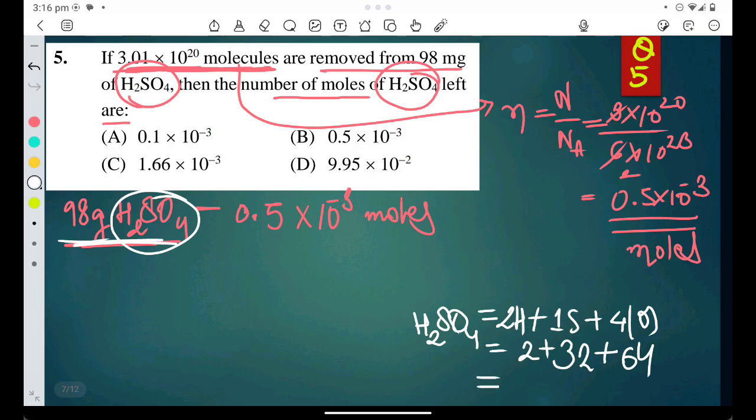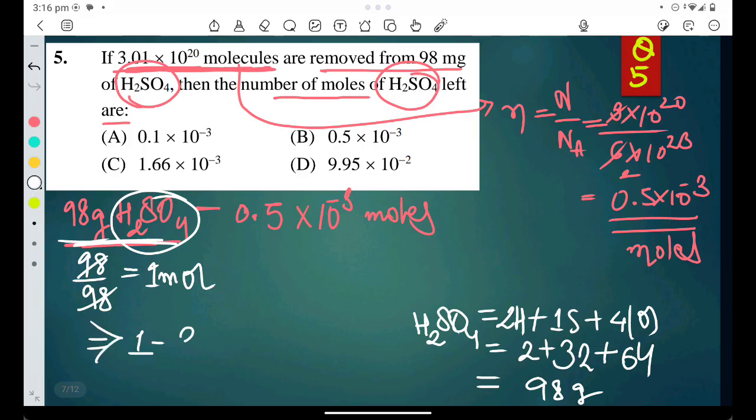And now this is going to be 98 gram is the molecular mass. So 98 by 98 is going to be 1 mole. So what is going to be left is 1 mole minus 0.5 into 10 to the power minus 3 moles. This much is only going to be left, moles.